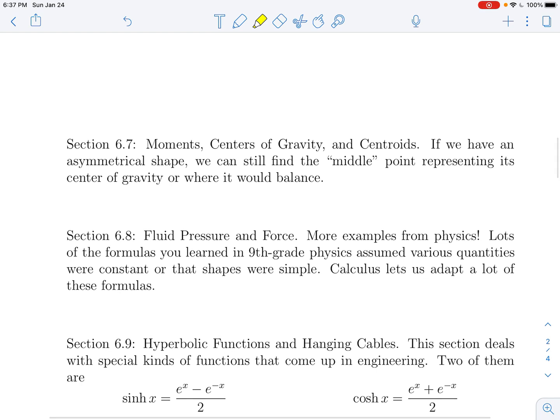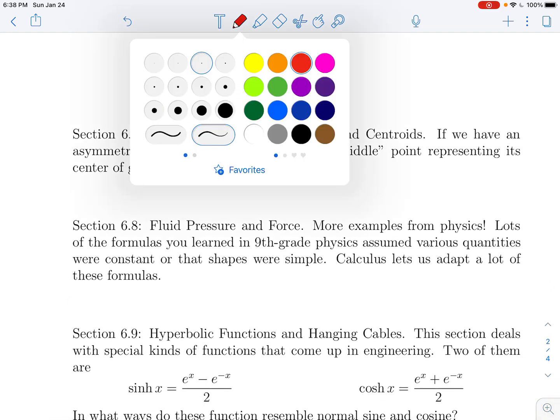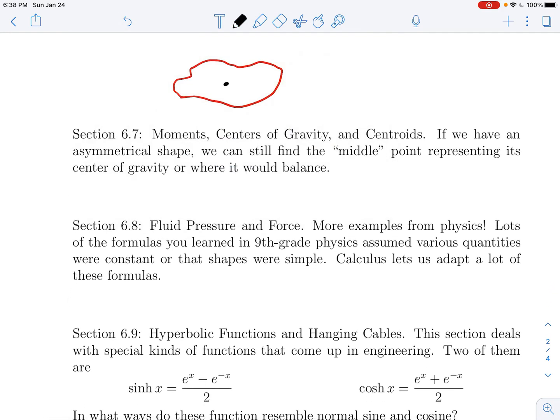Section 6.7 is about moments, centers of gravity, and centroids. So if we have some irregularly shaped figure, there is, in theory, a point that is the center of gravity, right? There's some point that's, quote unquote, the center, even though this thing does not have perfect symmetry.